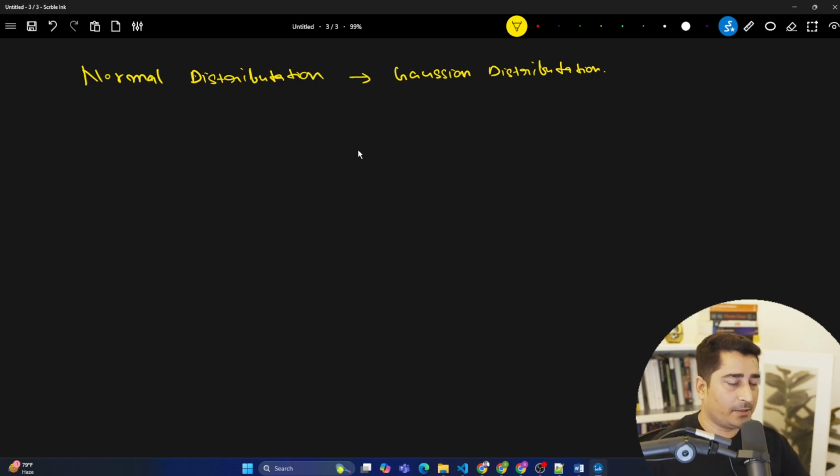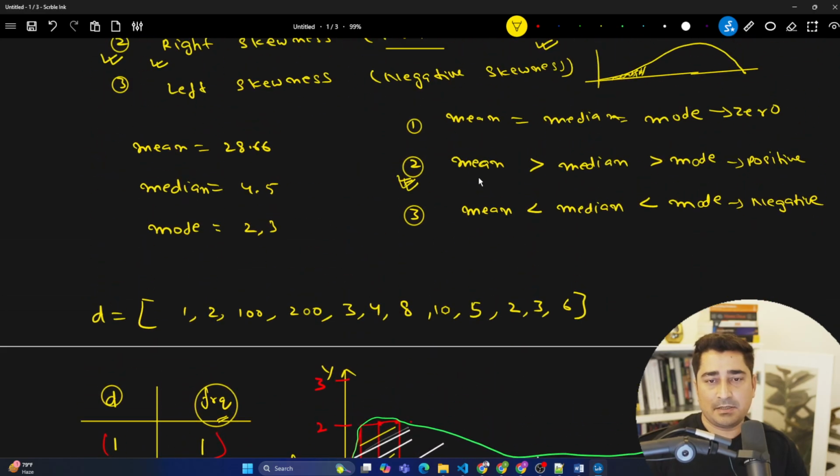A data set is called a normal distribution when it forms a perfect bell curve. Perfect bell curve means it should not be right skewed or left skewed. It simply means that its mean is equal to median is equal to mode.